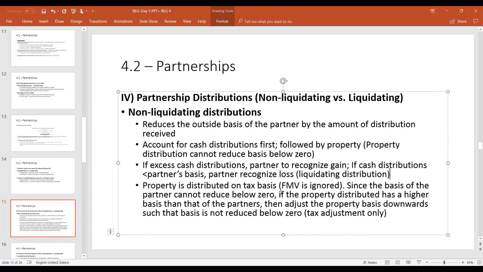Again, this is only a tax basis adjustment, guys. These adjustments don't reflect in the books. But for tax purposes, it's important to understand that distribution of property should not result in a gain or loss recognition, and therefore we make these basis adjustments. Okay, hope everybody is clear because this is an important concept.